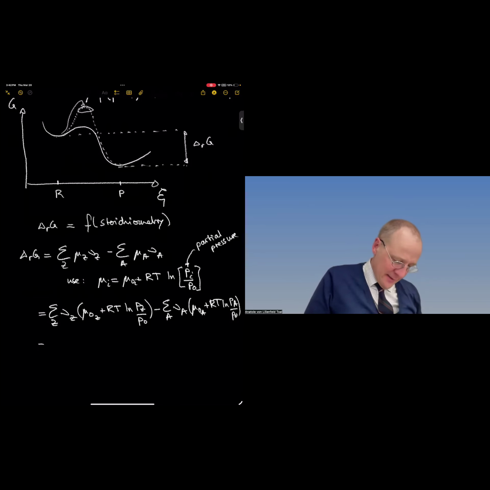Now let's collect the mu 0 terms. And we have the sum over z of nu_c mu_0z minus the sum over a of nu_a mu_0a, and this is the delta_r G0.